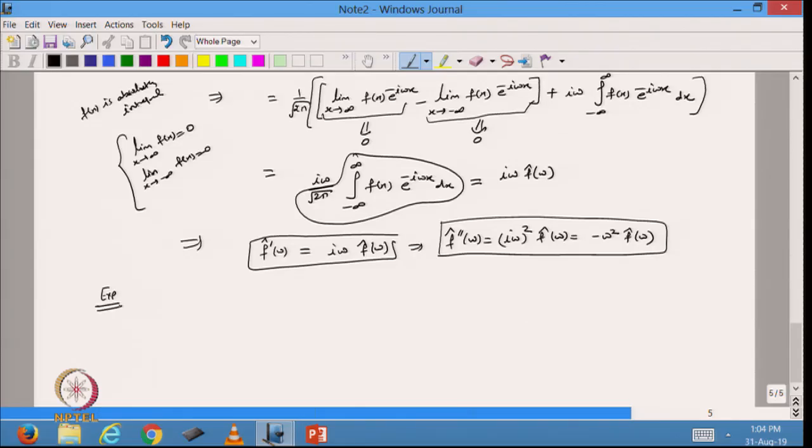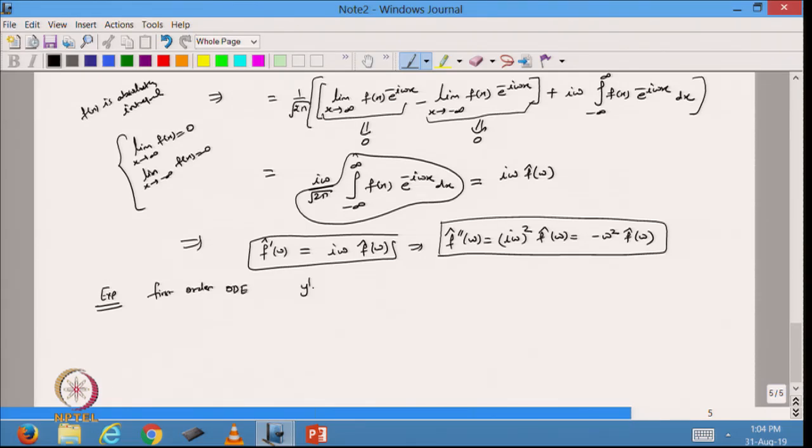So, if I am able to take the Fourier transform for the derivative, then I should be able to solve the differential equation using the Fourier transform. So, let us try to solve the differential equation using the Fourier transform. Let us take one example. I have a first order differential equation, first order ODE.